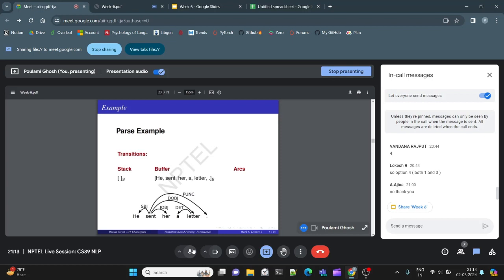If we reduce it to one non-terminal to a terminal, C to c, yes, you can. So there should be one terminal on the right hand side or two non-terminals on the right hand side. That is the rule of CNF.